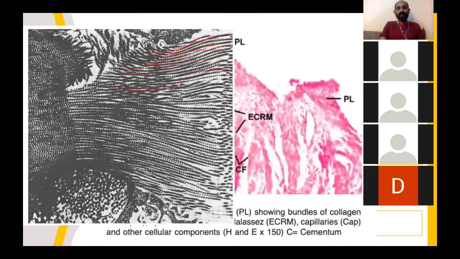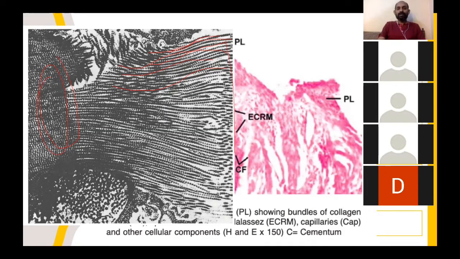Why this 64 nanometers? We have to talk about the basics of collagen formation. If I have time, we'll talk about collagen formation later, right? So this fiber which has cross striations at an interval of 64 nanometers is characteristic of collagen. On the left side is your bone, on the right side is your cementum. You see the fibers inserting like this.